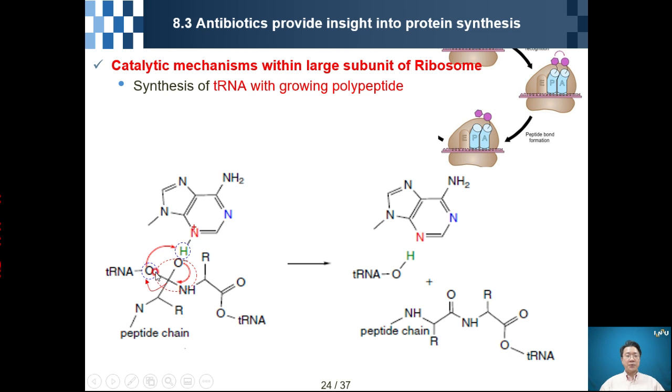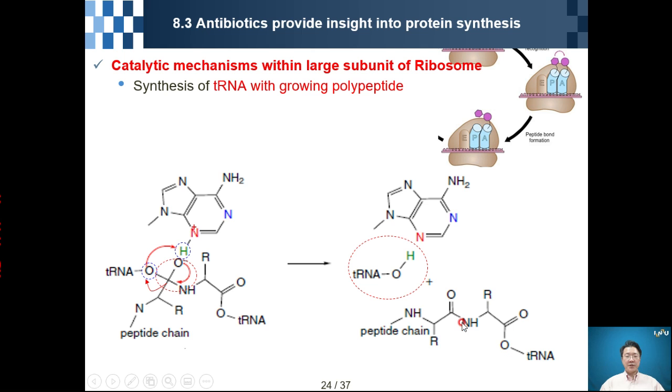So this oxygen receives the proton from this NH group. After that, this tRNA will become tRNA with OH. Then resonance happens like this.